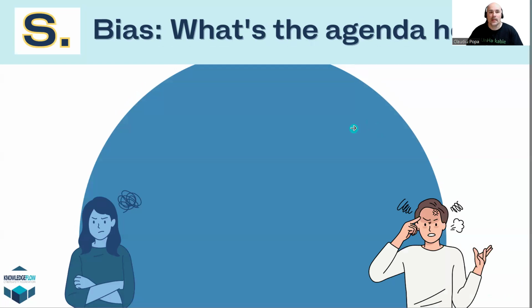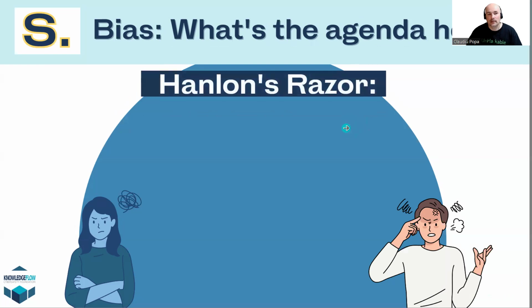So the bias always asks the question, why? Why do people make false claims? And why do we keep seeing things that might have a negative outcome? Are these people evil? Well, that's very possible.